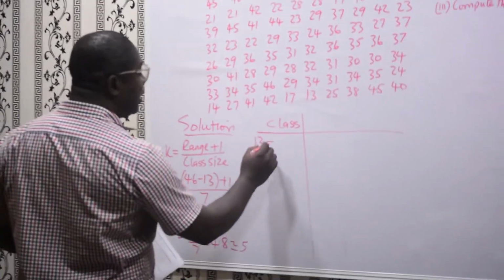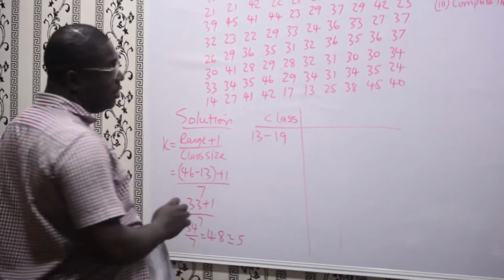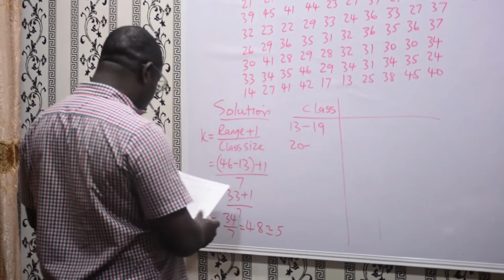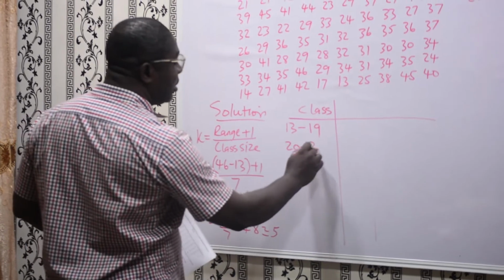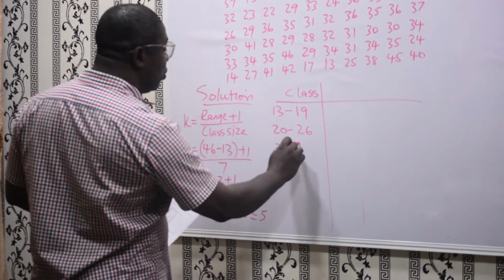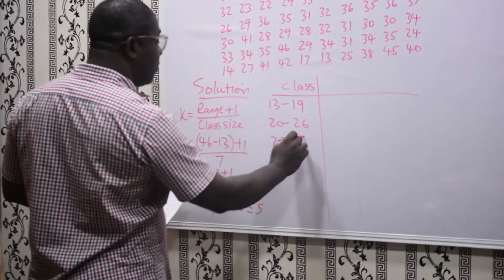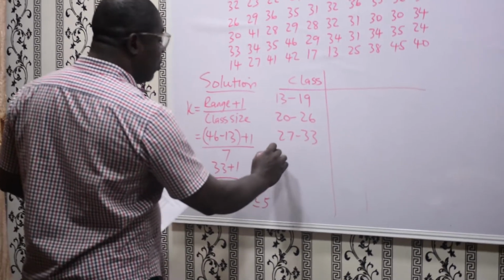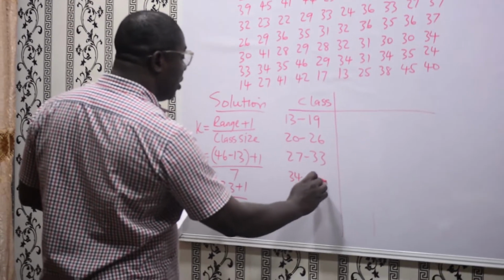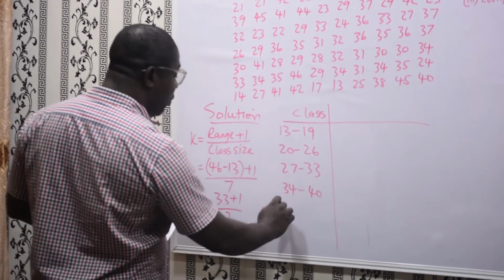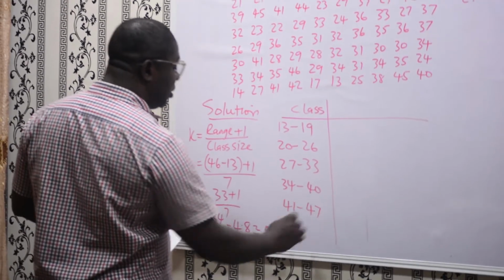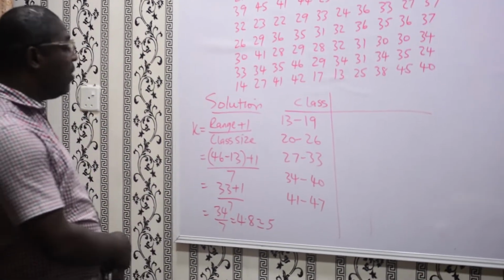So it's going to be 13 to 19. The next one will be 20 to 26. The next one will be 27 to 33. The next one will be 34 to 40. The next one will be 41 to 47. So that's what we have as our class.